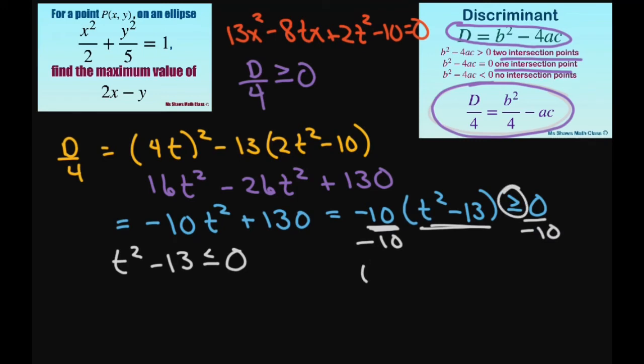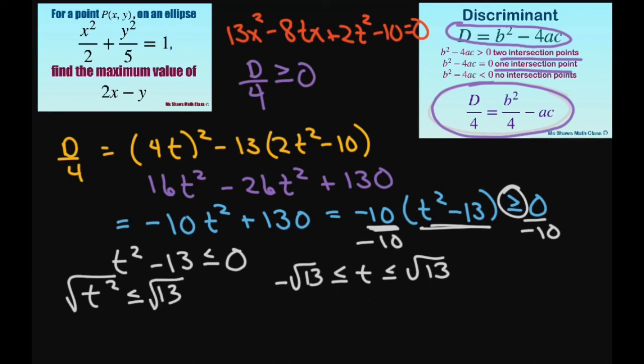That means t squared is less than or equal to 13. You take the square root and you get plus or minus: t is less than or equal to square root of 13 but greater than or equal to negative square root of 13.